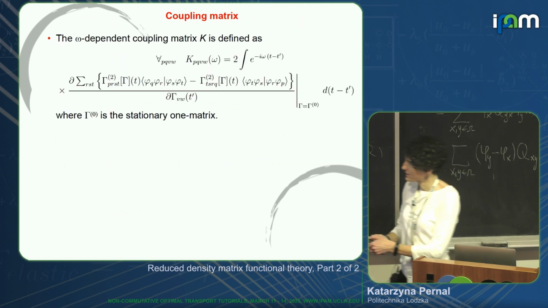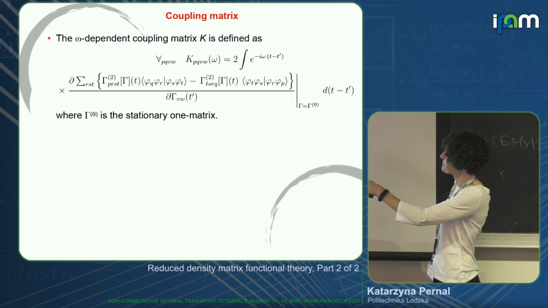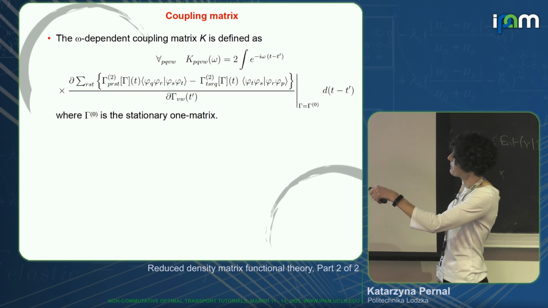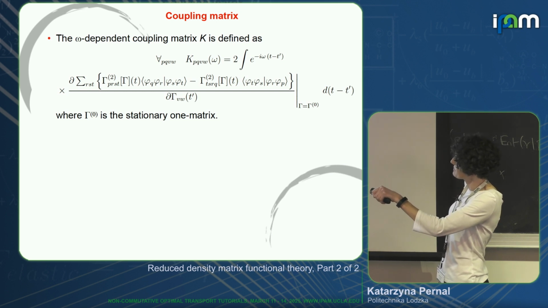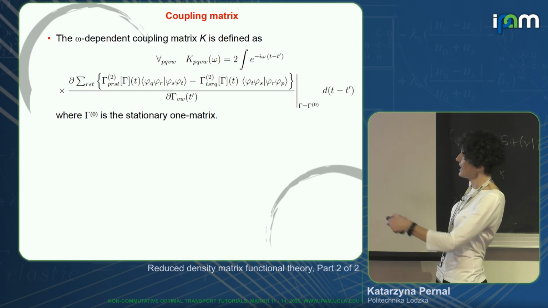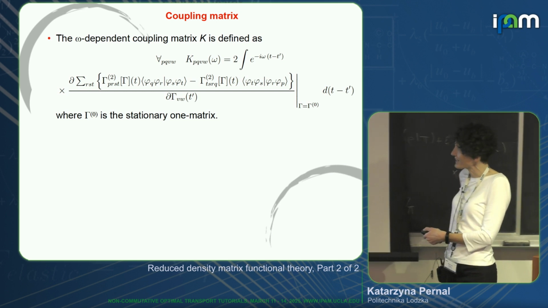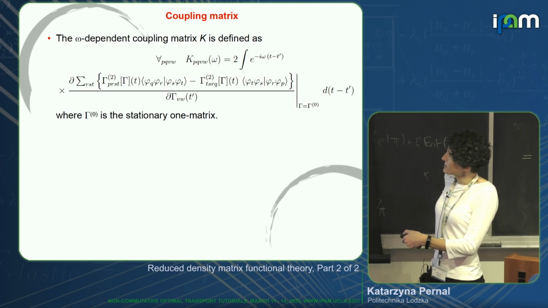But of course, it's not as easy because of this matrix K, here is the full definition, which I promised to show. So let's look at what it is, right? It's a derivative of the time-dependent 2 RDM times those integrals, but they are time-independent, with respect to the time-dependent one electron density matrix. And the first difficulty, of course, is that we don't know this functional, right? That's the whole problem from the very beginning. So what do we do?